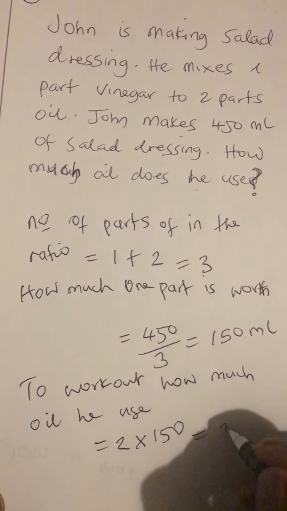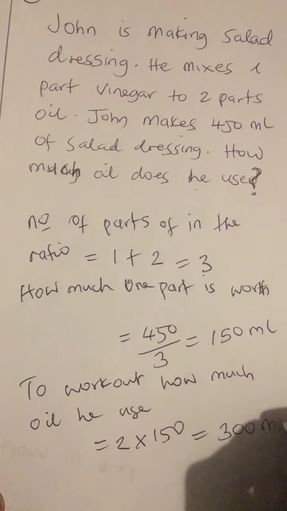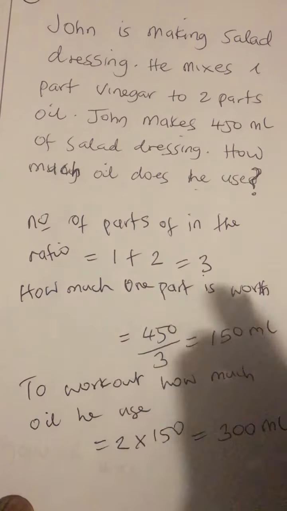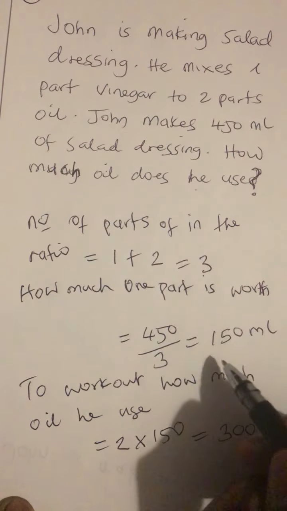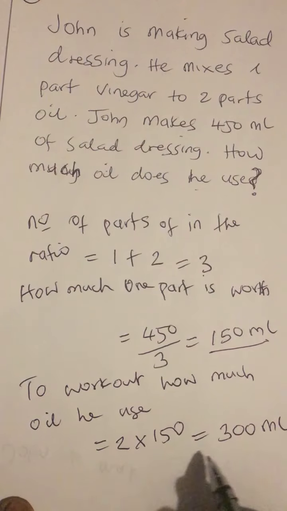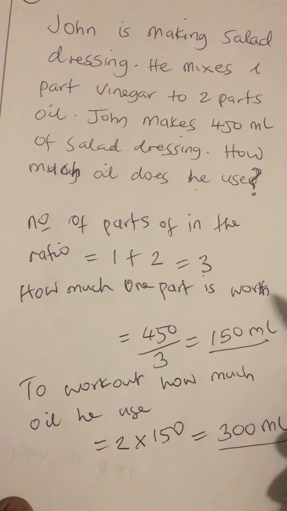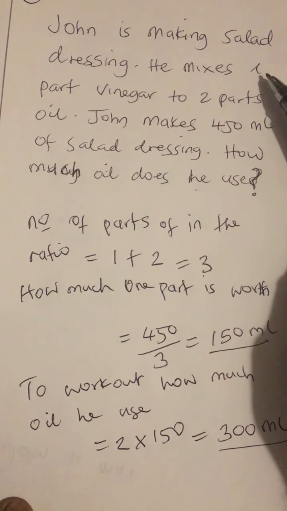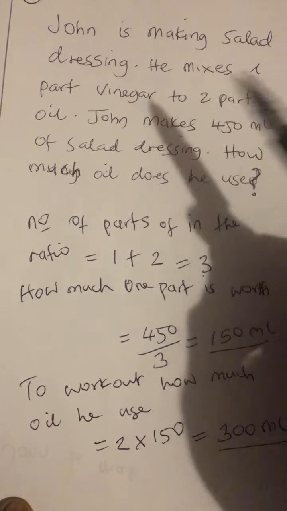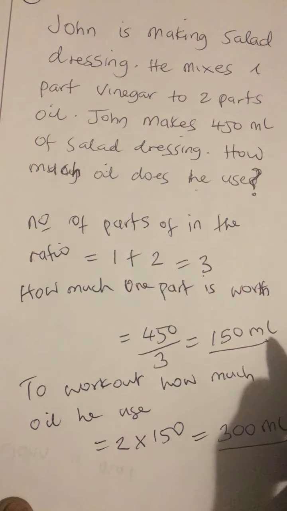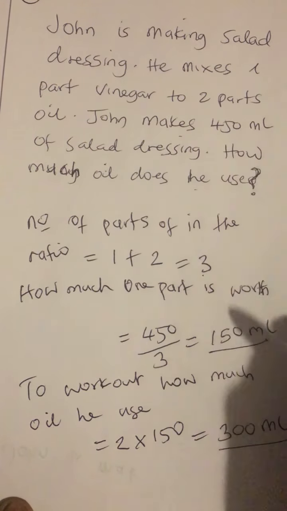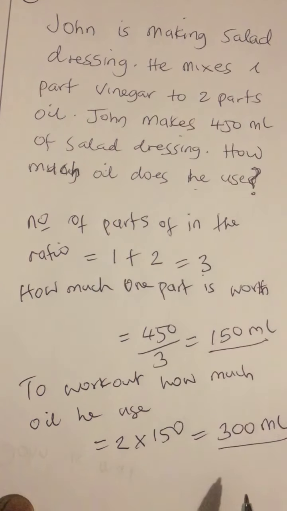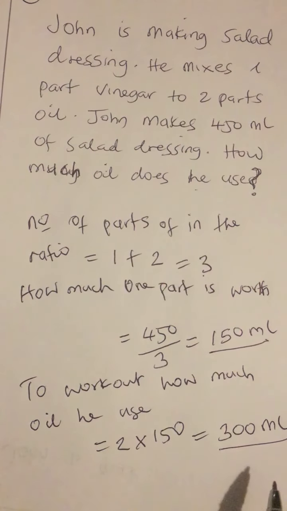This gives us 300 ml. So basically, one part is 150 and two parts is 300. If we mix one part of vinegar to two parts of oil, that gives us 450 ml of salad dressing. So that's one question done.